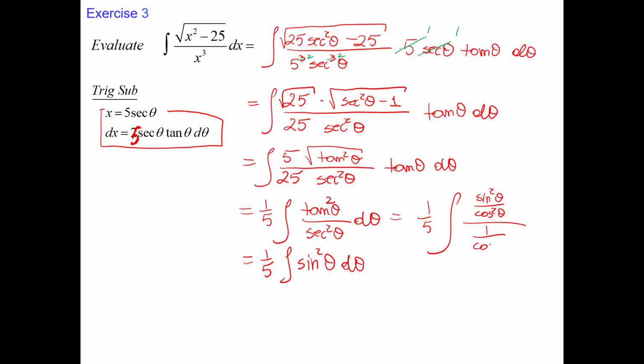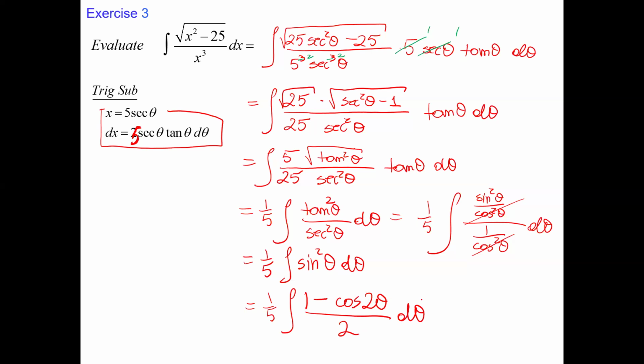Secant square is 1 over cosine square theta. And when we flip, we will cancel out. Now, sine square theta. Another important integral. We learned in the previous section that for sine square, we may use the half angle formula, 1 minus cosine of 2 theta over 2. Quite important.